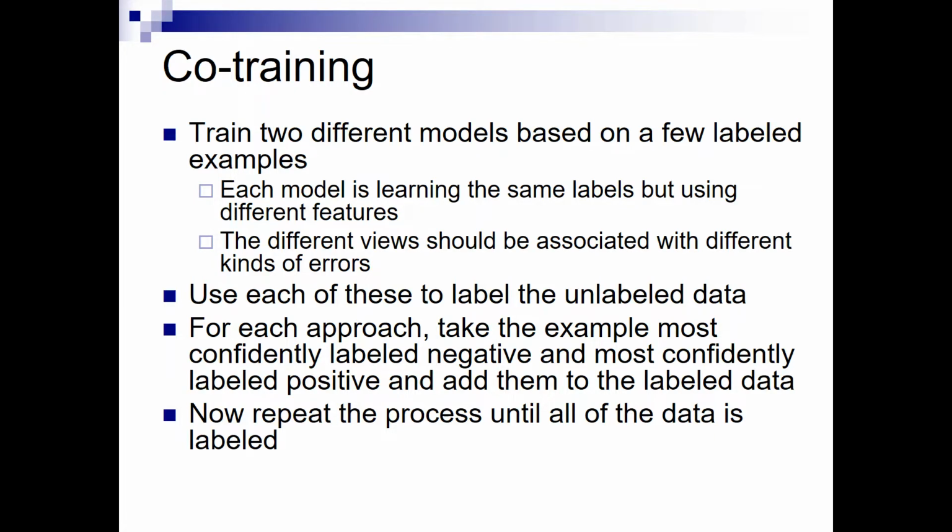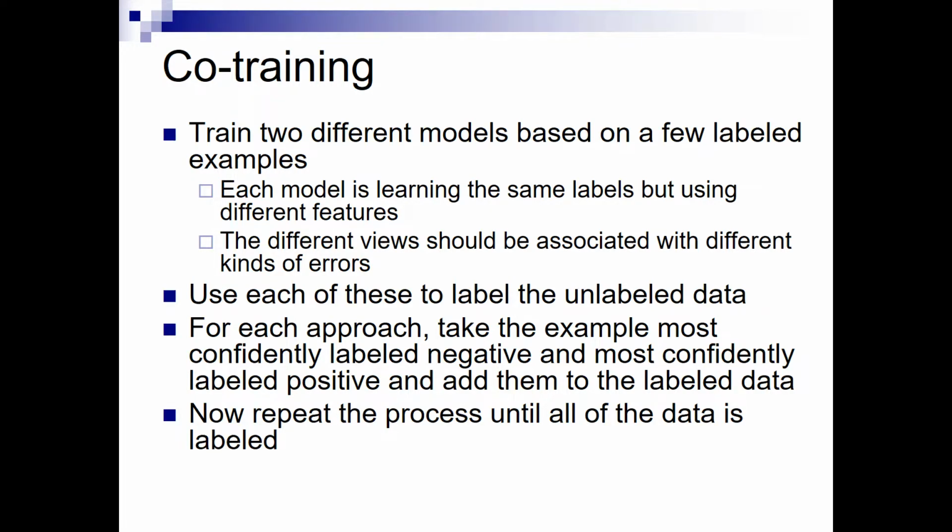Now, what will happen is that because your different feature spaces have very different neighborhoods, when you look for the instances most confidently labeled positive and most confidently labeled negative, there'll be different instances. So what happens is that you can be very selective about which predictions you believe from your automatically labeled data. And you are going to get a different selection from the two different models.